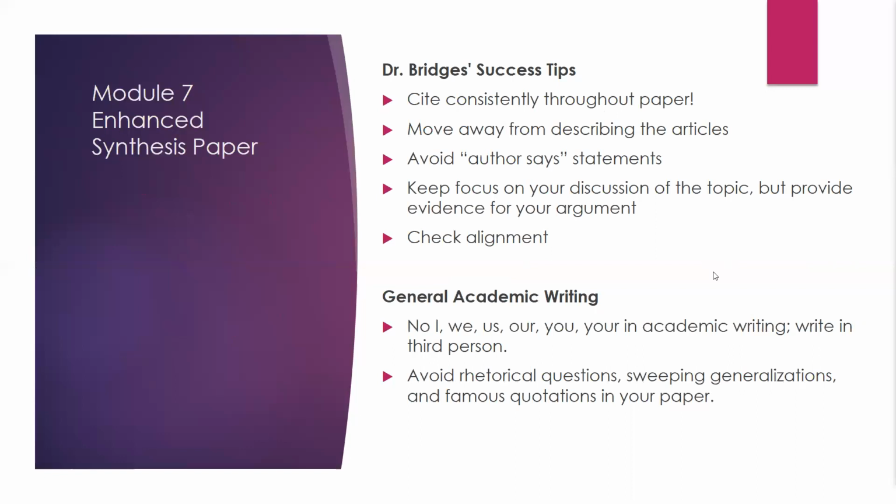So make sure that you start noticing those things and you can emulate that writing style. That doesn't mean you never use just a regular according to so-and-so, but you should really try to limit them. I want you to keep your focus on your discussion of the topic, provide evidence for that argument, but again, move away from simply describing to me what you read.